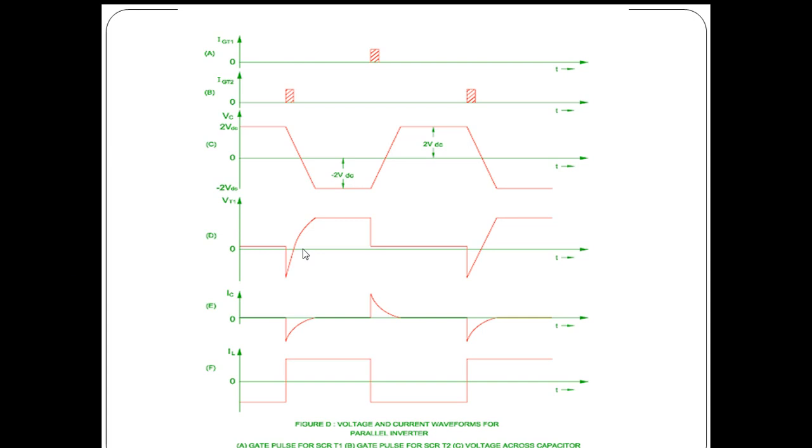So in this class, we have mainly discussed the operation of the series inverter and parallel inverter. The series inverter is mainly used in induction heating and fluorescent heating, which require higher frequencies.